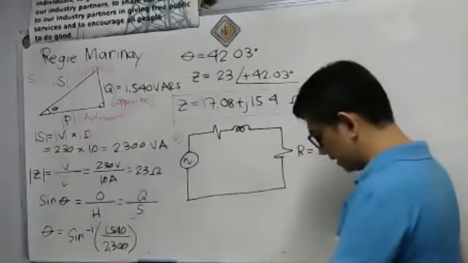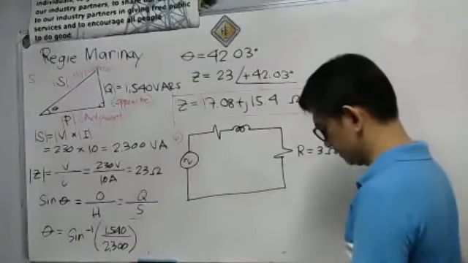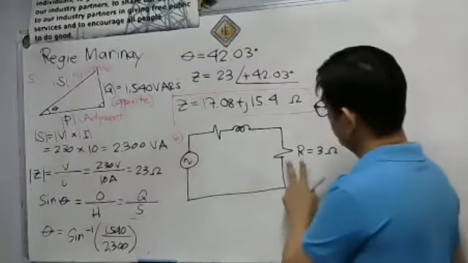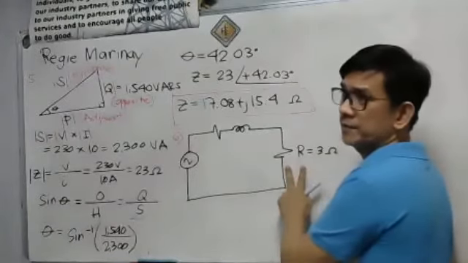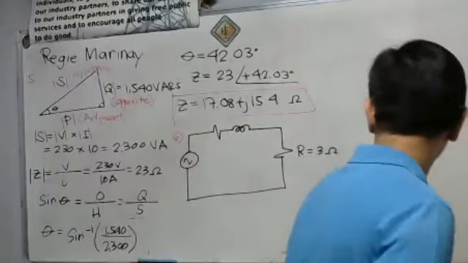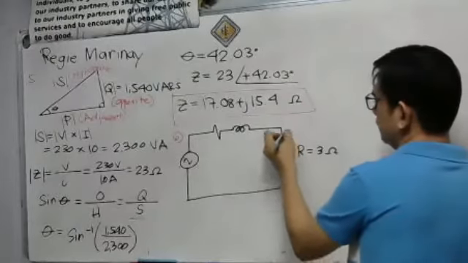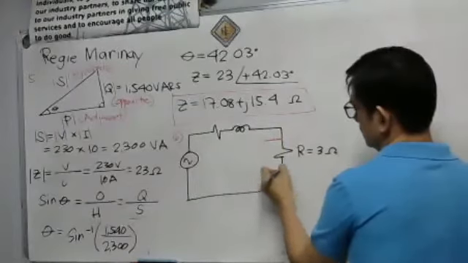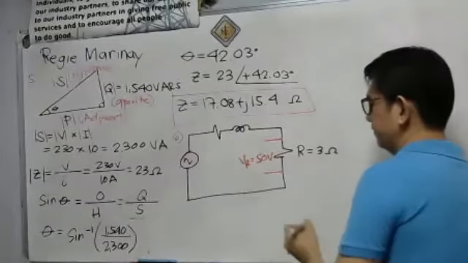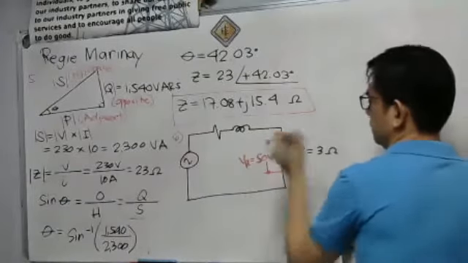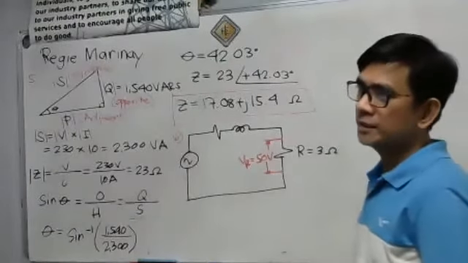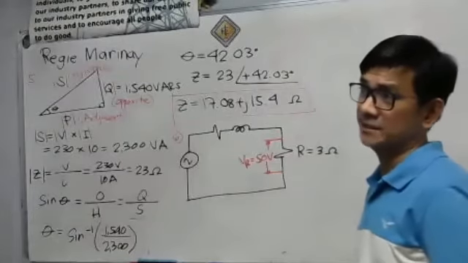Then we're given here 50 volts, the voltage here. Let's call this VR, 50 volts here. The voltage across the coil is 66 volts.